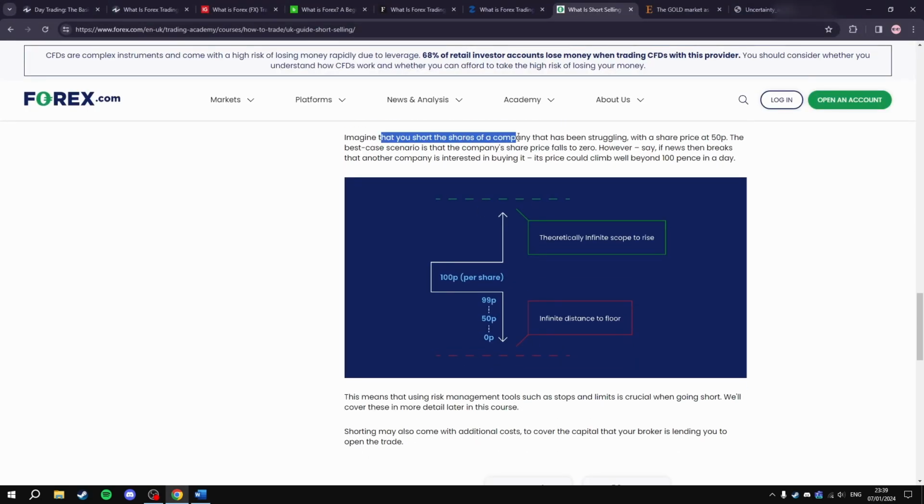Imagine that you short the shares of a company that has been struggling with a share price of 50p. The best case scenario is that the company's share price falls to zero. However, say news then breaks that another company is interested in buying it, its price could climb well beyond 100 pence in a day.